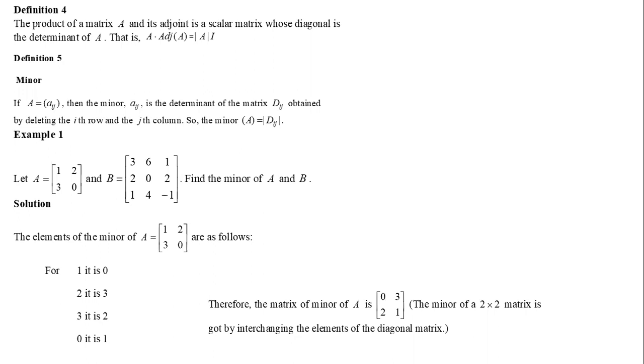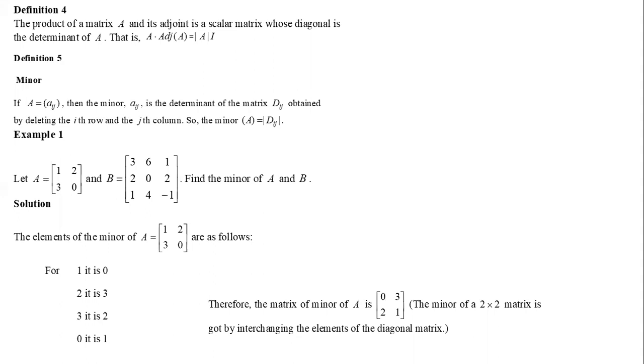If you know the meaning of perpendicular, if you see 3, 6, 1, they are perpendicular, they are of the same line. Also, 3, 2, 1 is also perpendicular. When I say perpendicular, they are of the same row or the same column.